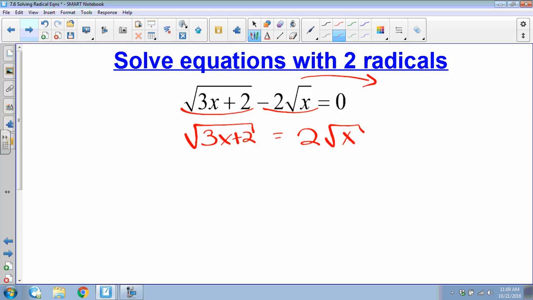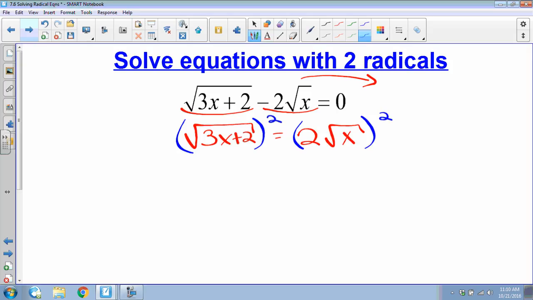Now, I can get rid of my radicals in one step by squaring both sides. So we're going to square this side, we're going to square that side. The number outside of the radical just simply gets squared.